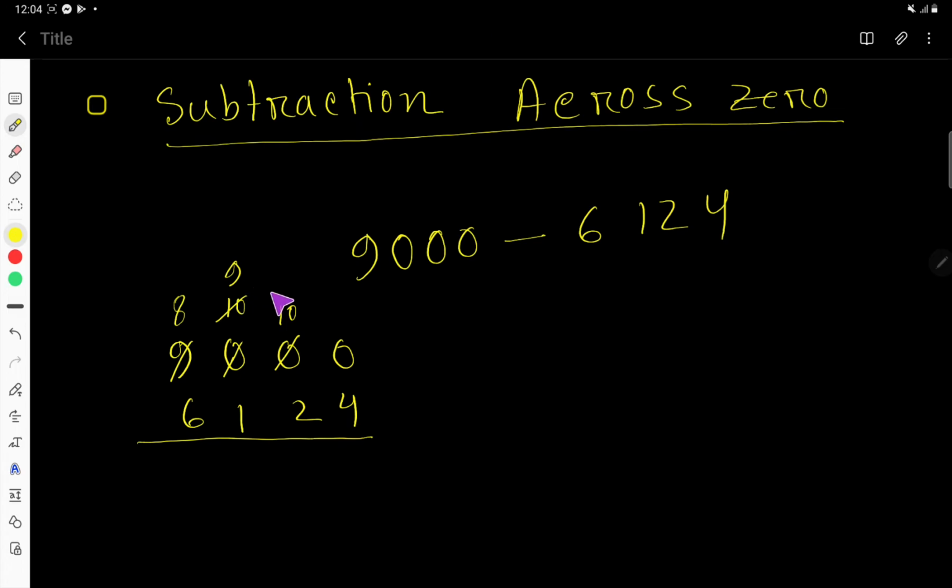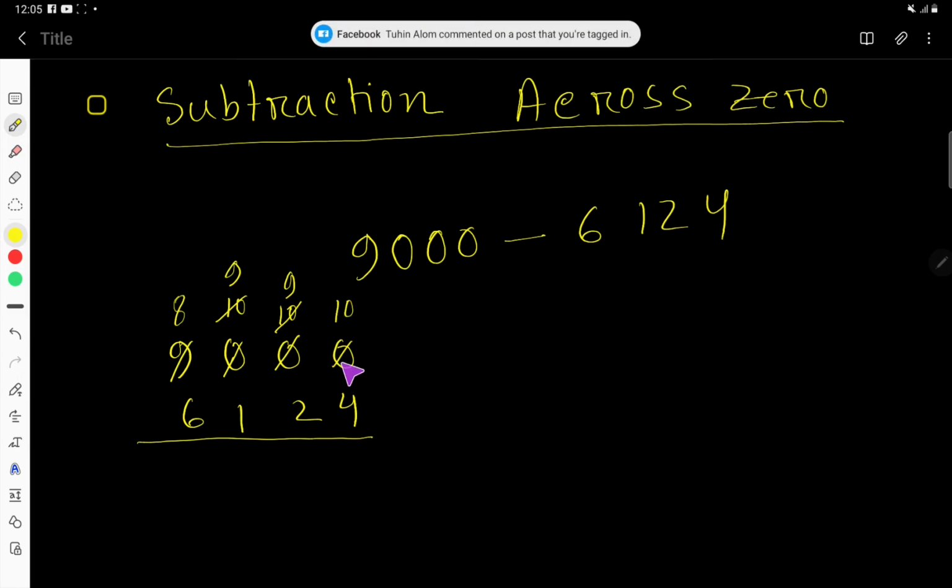You are borrowing 100 and the rename will be 10 tens. So now you have to borrow from your next neighbor. That is, if you take 1 tens, that will be 10 ones, right? That is, you are putting 1 before this 0.